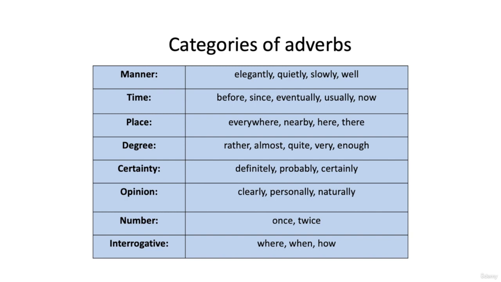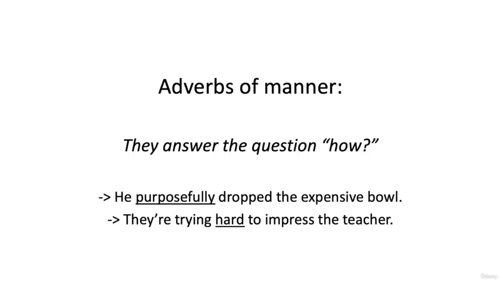Some adverbs indicating number are once, twice. And interrogative adverbs are where, when, and how. Now let's take a closer look at these 7 categories of adverbs.